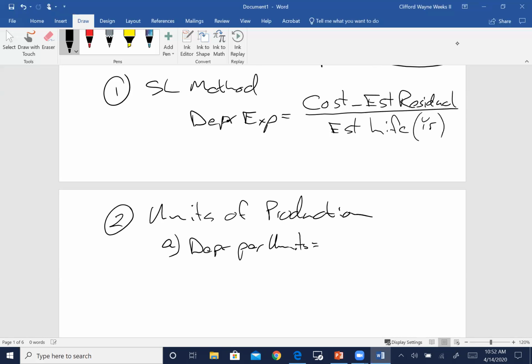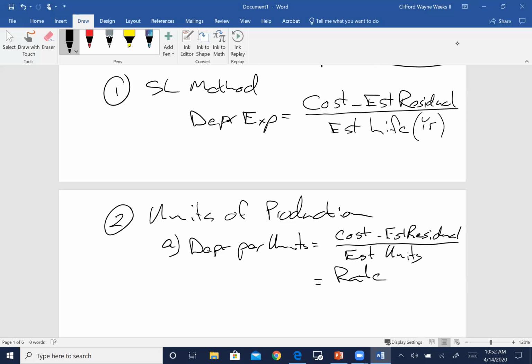That's very similar to the straight line method. We're going to take the cost, subtract the estimated residual, but in this case, instead of dividing it by years, we're going to divide it by estimated units. This is going to give us a rate.